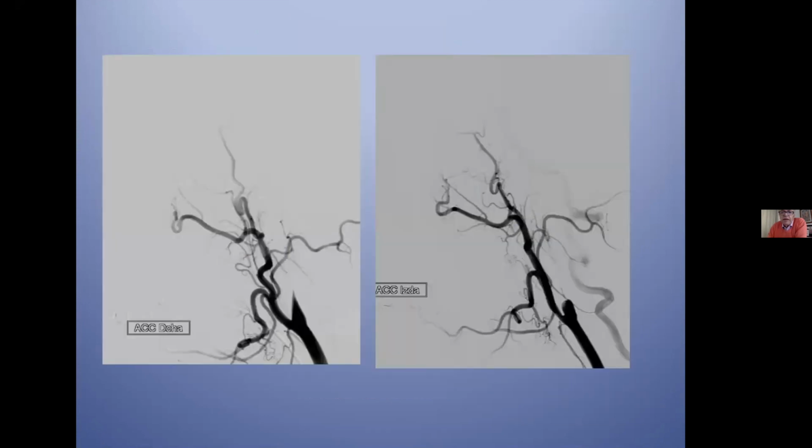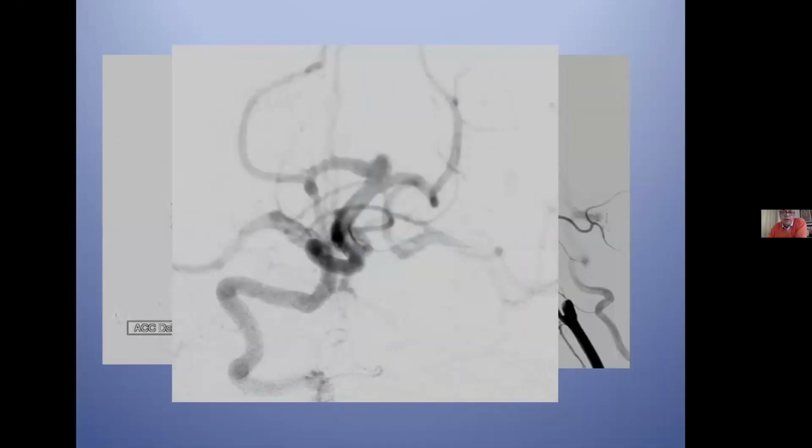One special case: this patient has a dissecting thrombus of both carotids, right and left, and a small aneurysm in the basilar top. You have the posterior communicating artery and the middle cerebral artery, on both sides.